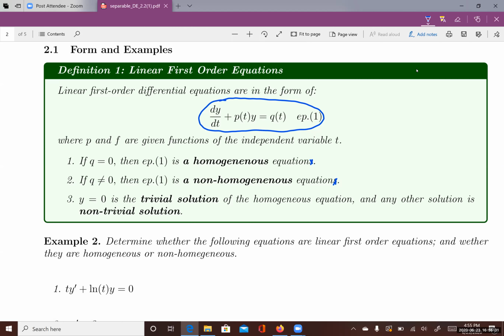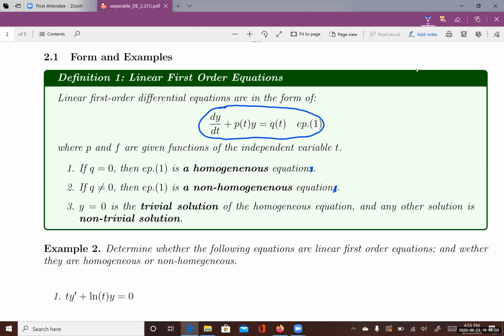If y equals 0 is the trivial solution of the homogeneous equation, any other solutions are non-trivial solutions. So y equals 0 is a trivial solution, and any non-zero solution is a non-trivial solution.